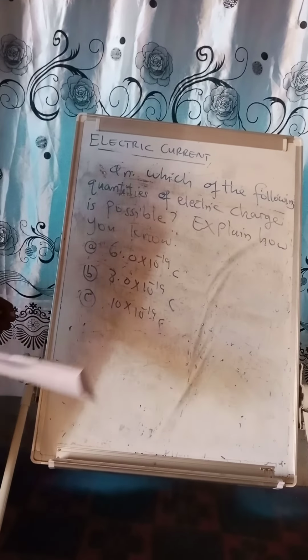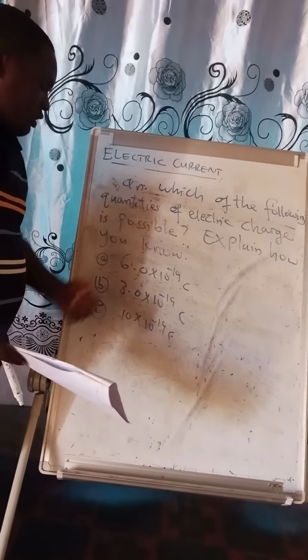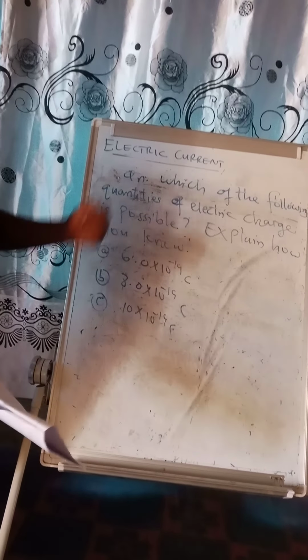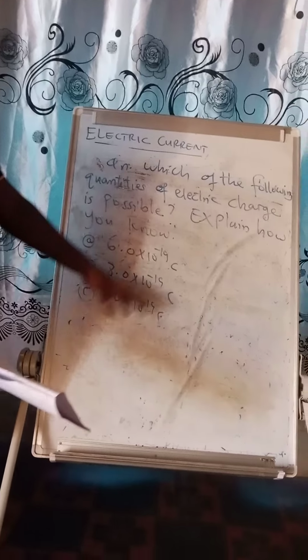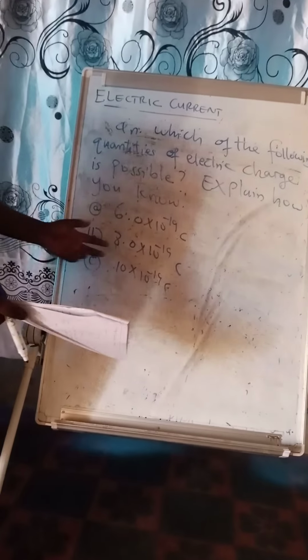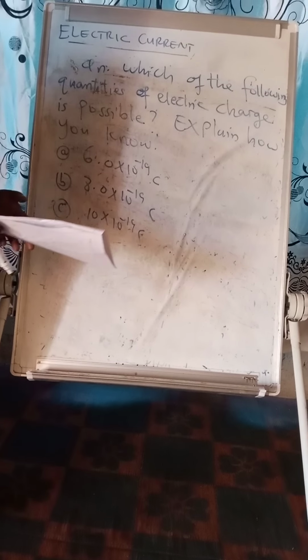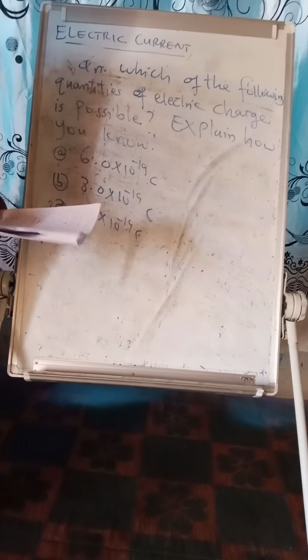The same goes for C, which is 10 times 10 minus 19. So all these are impossible. In this one, there is no possible quantity of electric charge, because if we divide by 1.6, they will not give an integer multiple.